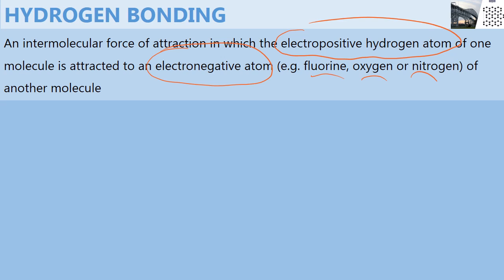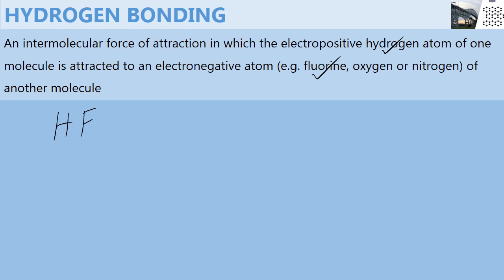Now let us take an example of a compound that has both hydrogen and fluorine. So let us draw that we have HF, which is hydrogen and fluorine, to form what we call hydrogen fluoride.